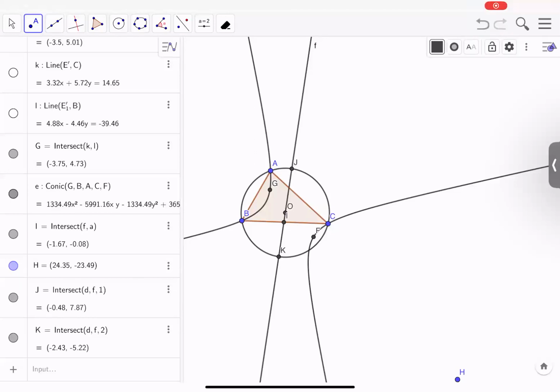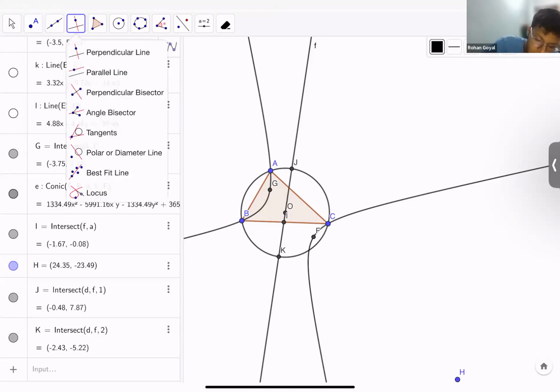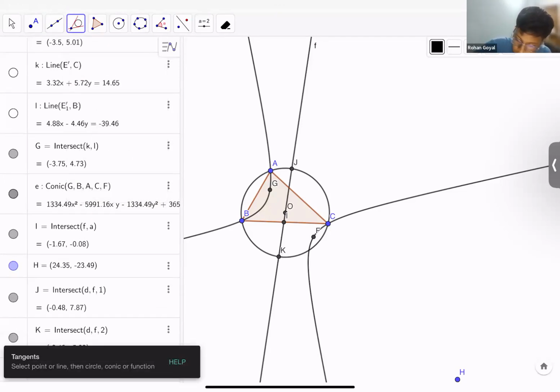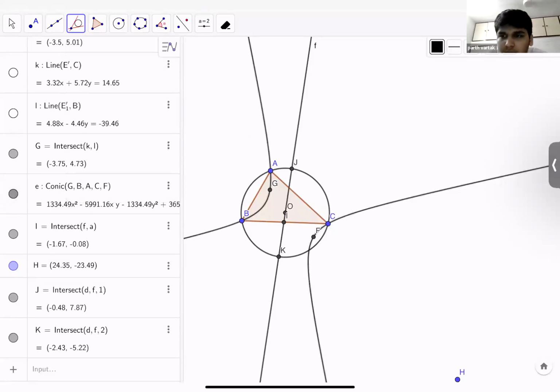Sorry, I misunderstood. No, it's okay. See, lines have exactly 1 point at infinity. So this side and this side are the same when you're talking about points at infinity. Can you repeat the question?